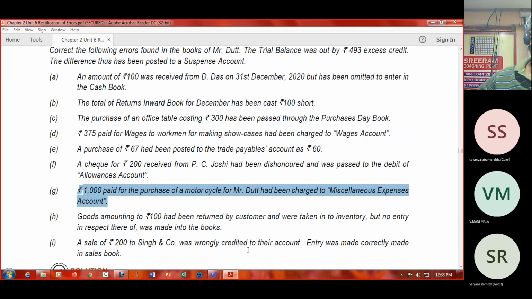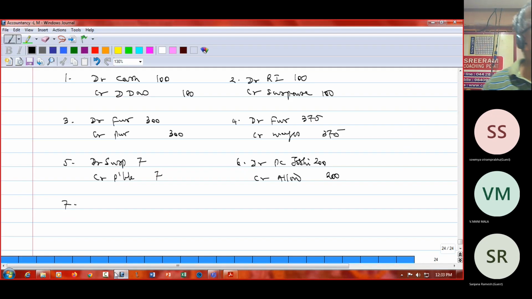This would not have affected the agreement of trial balance and it is a principal error. So debit drawings, because they did not differentiate between a personal drawing and business expenditure.